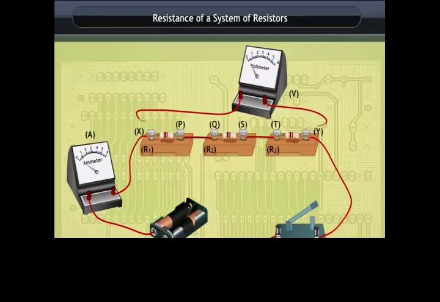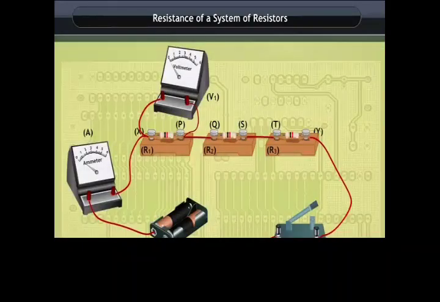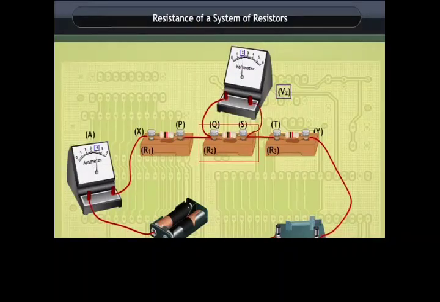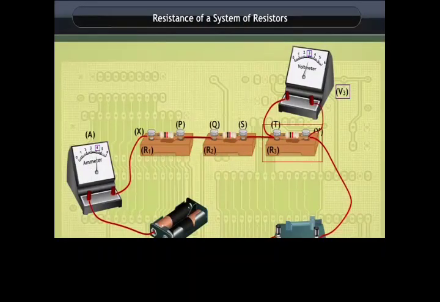Now insert the voltmeter across the ends X and P of the first resistor. Plug the key and measure the potential difference across the first resistor. Let it be V1. Similarly, measure the potential difference across the other two resistors separately. Let these values be V2 and V3 respectively. Deduce a relationship between V, V1, V2 and V3.